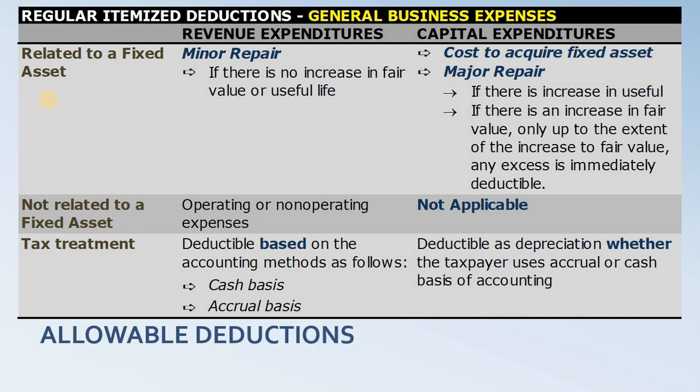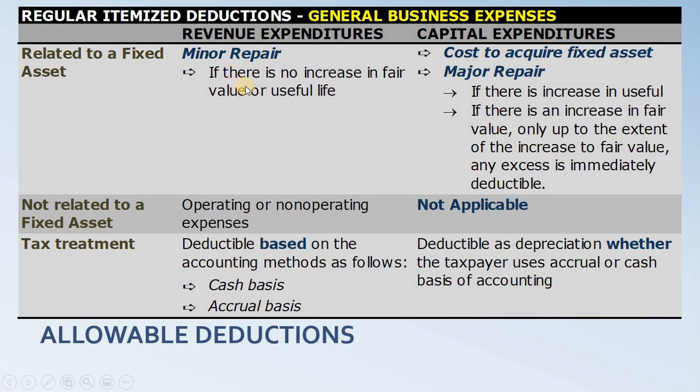The repair can be considered as a revenue expenditure or a capital expenditure. So when is it considered as revenue expenditure? A repair is considered revenue expenditure if it is a minor repair. It is considered minor if such repair will not increase the fair value or useful life of the fixed asset being repaired, which means this repair will not give additional benefit to the taxpayer.